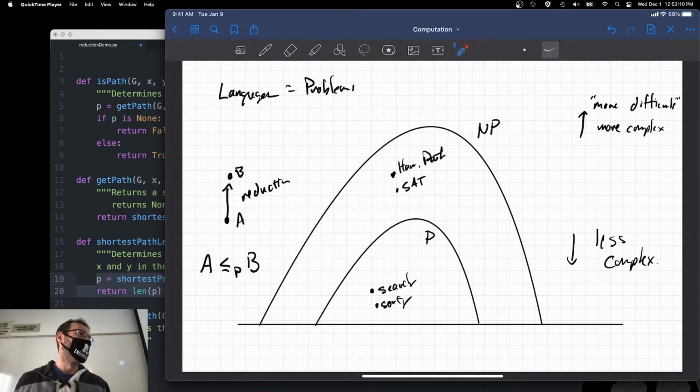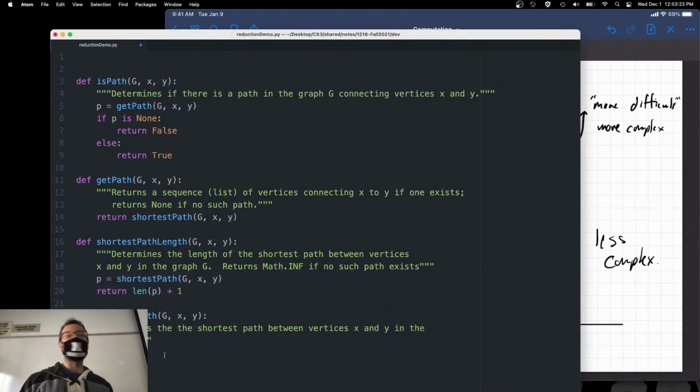Is it because you're reducing it to a problem you hope has already been solved? Exactly. From that perspective, you're making it simpler. I like that. That's the first time I've ever actually thought of it that way, where you're reducing the complexity because you already have this off-the-shelf solution over here called, I don't know, Dijkstra's.